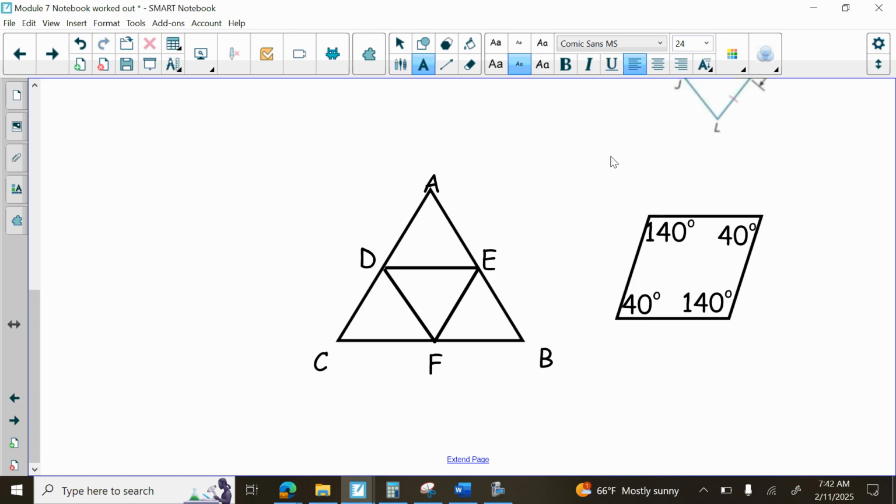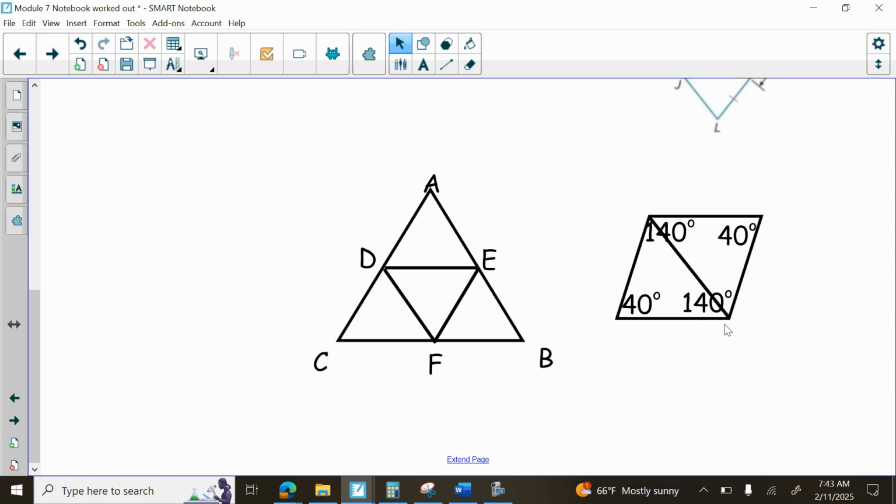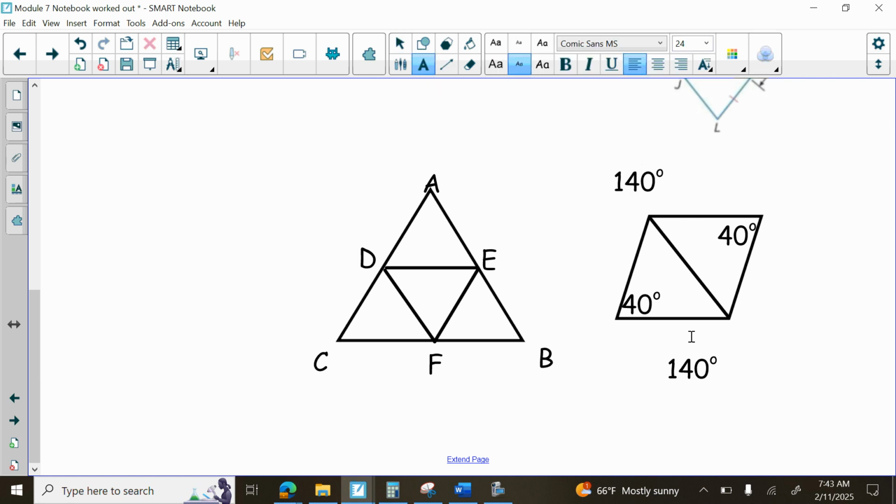Yeah? All right. The other thing is that if we have a diagonal, let's say this angle was 75.